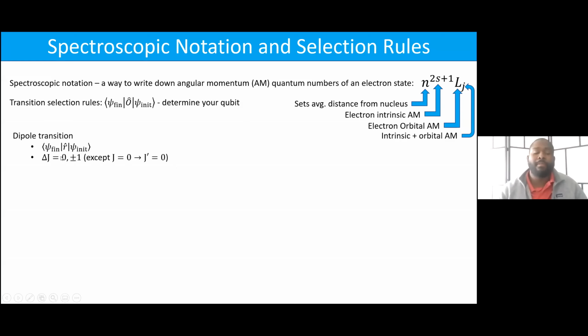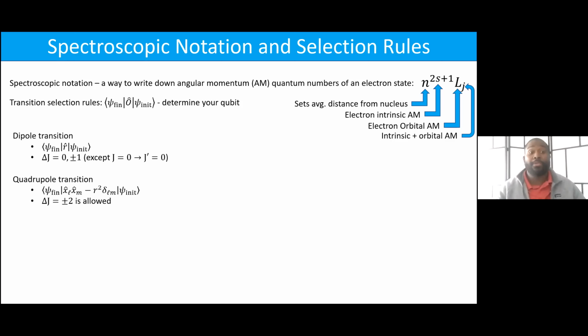And from looking at these overlap integrals, you can check whether or not they're zero. And you find that for a dipole transition, the matrix element is zero unless delta J, the change in the total angular momentum of the electron, is 0 or plus or minus 1, with the exception that J equals 0 to another energy level where J is also 0 is forbidden.